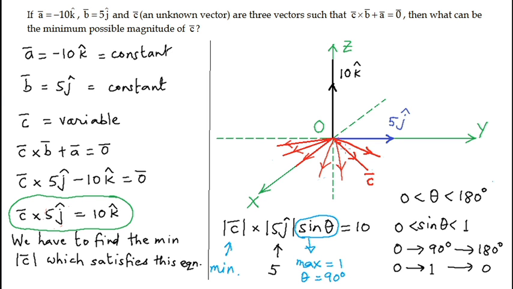Clearly, in the diagram, among all of these possible directions of c bar, it is this particular direction wherein theta is equal to 90 degrees.